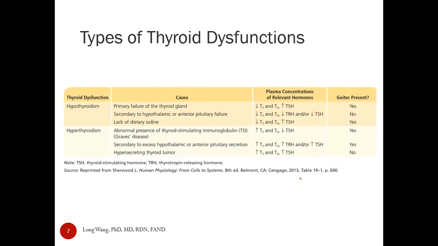When thyroid function is abnormal, we can have consequences either when it's too active, that's what we call hyperthyroidism, or when it's not active enough, that's what we call hypothyroidism. And it's very interesting if we look at the description of the causes and try to understand why the hormone profile changes the way it does.